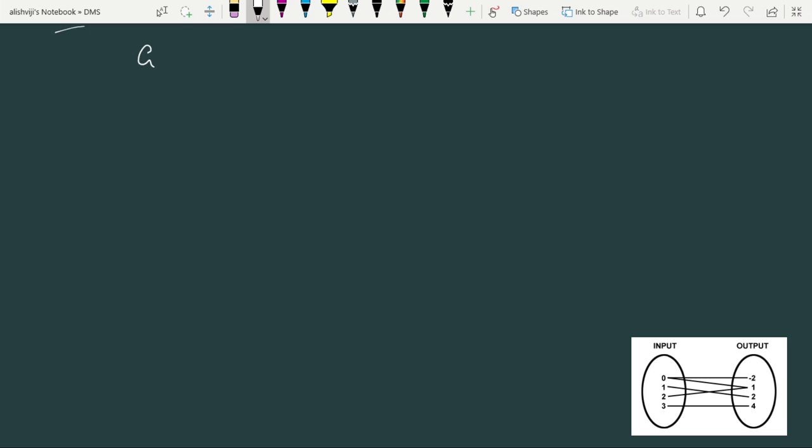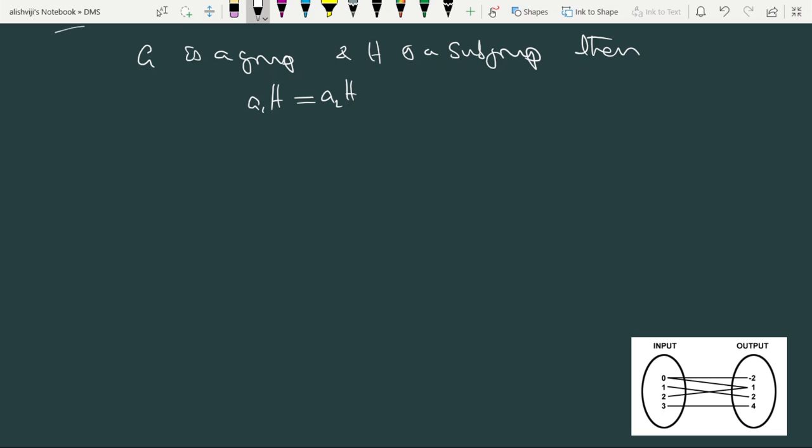If G is a group and H is a subgroup, then if A1 and A2 are arbitrary elements of G, then A1H is equal to A2H, or A1H intersection A2H is equal to the null set.